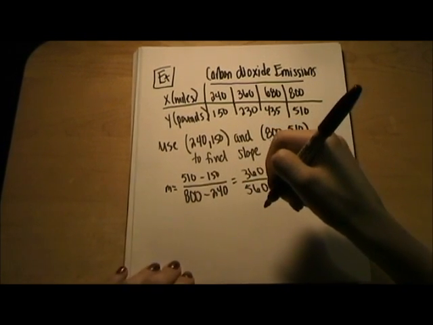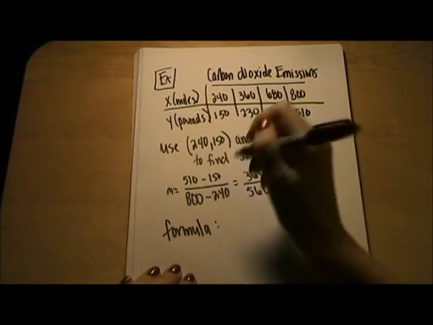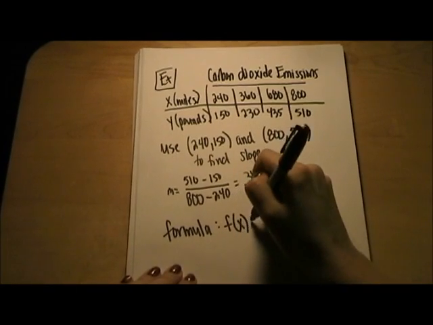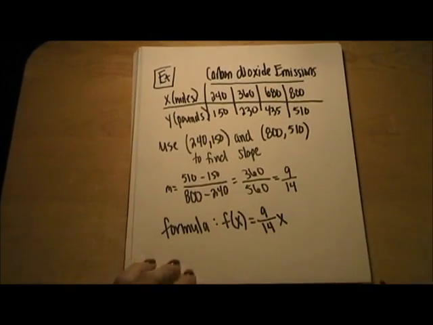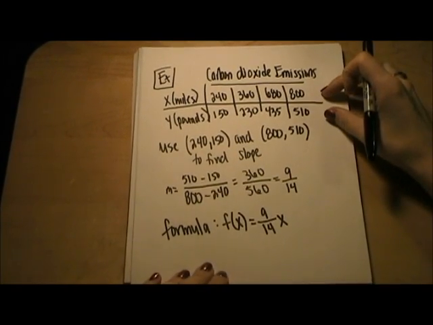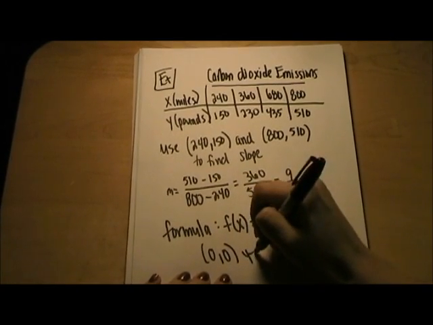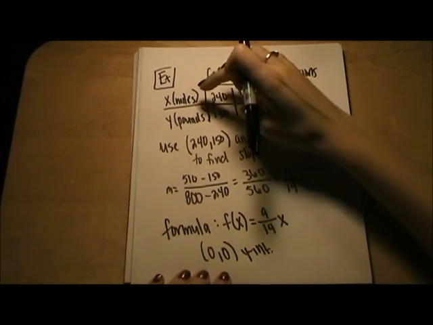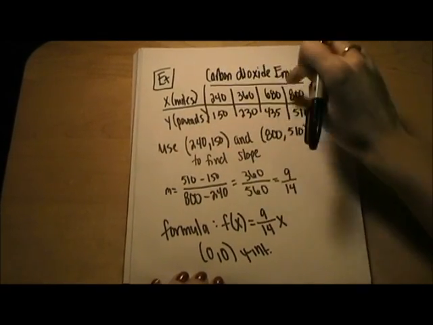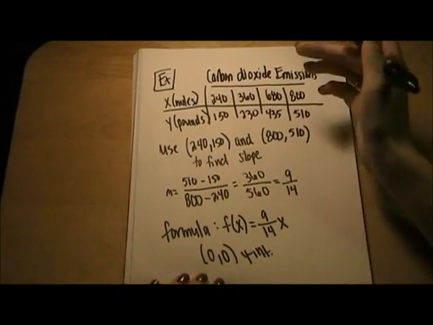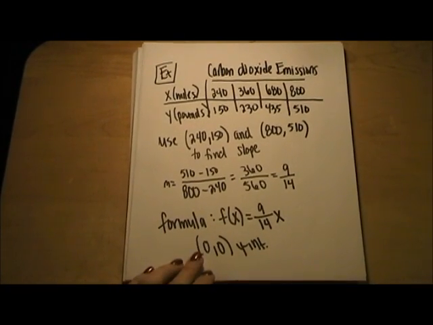If they want to know the formula, we know that f of x equals our slope, which we already calculated. And then our y-intercept, they don't give us our y-intercept, but (0, 0) would be our y-intercept, because if we're not traveling any miles, 0 miles, then our carbon dioxide emissions will be 0 pounds. So it would be plus 0, which we wouldn't have to write.